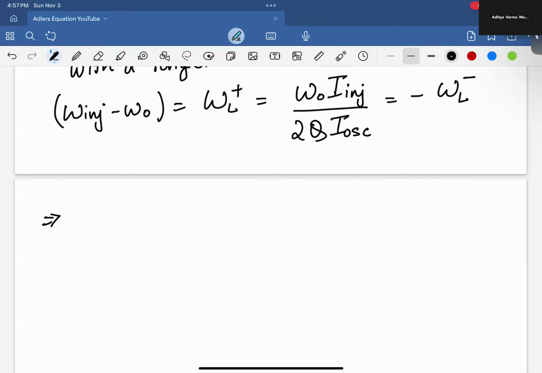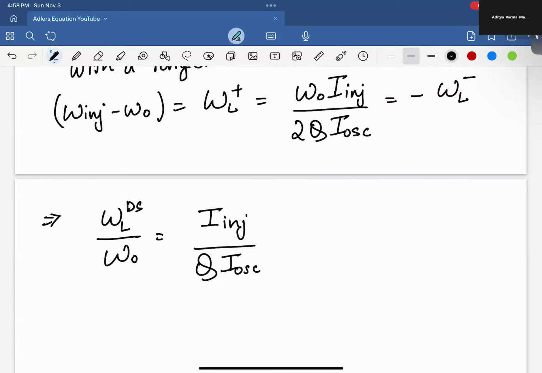And if you want to look at the double-sided locking range, which is the entire locking range, and we normalize it with the free running frequency, because obviously you want to see the percentage of locking range as a function of free running frequency, that is I injection over Q times I oscillation. This is also a very useful result.